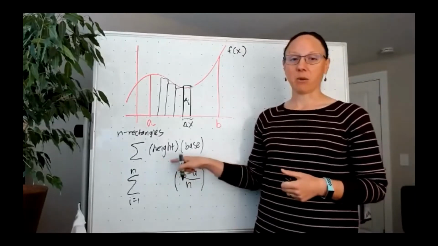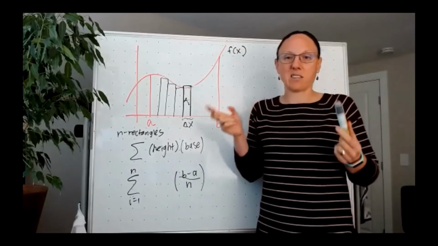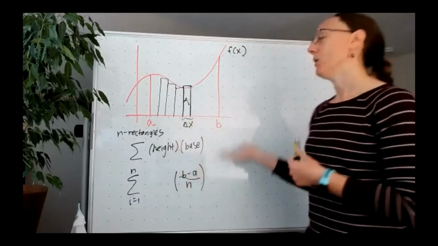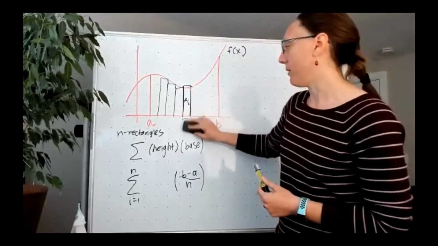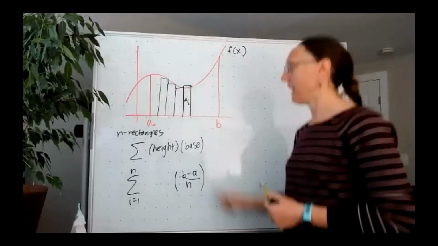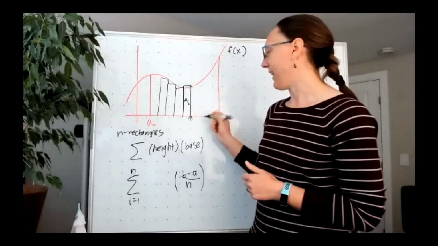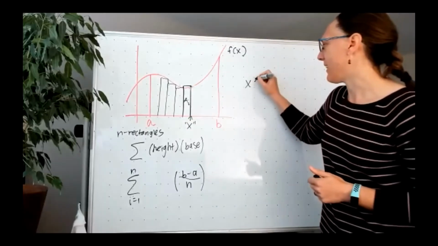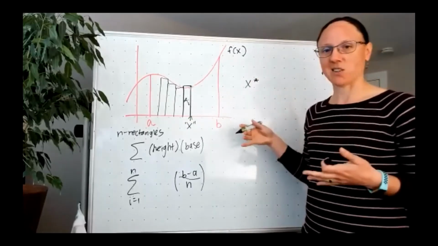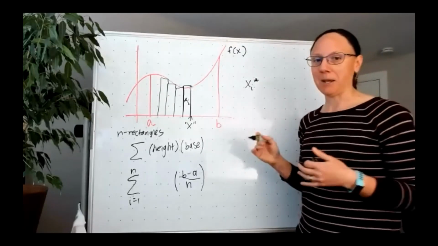Now to get the height of that rectangle, we need to know the generic x value that we're sitting at. We talked through this last time, but for my ith rectangle, if we look at the right-hand endpoint, that x value our book sometimes denotes as x star, or they give it an x with a subscript of i.